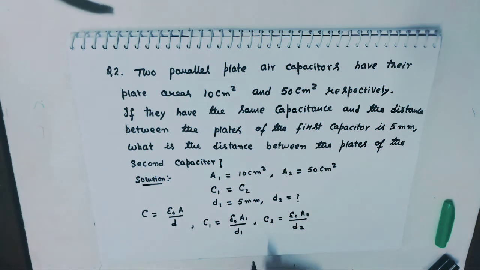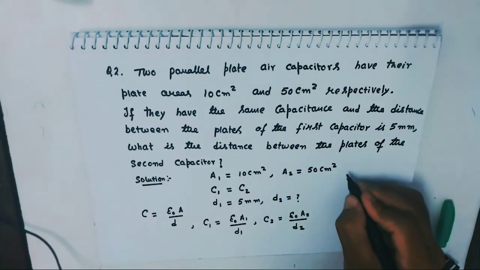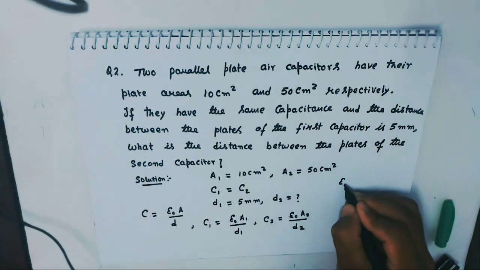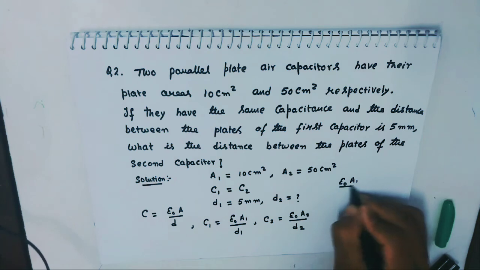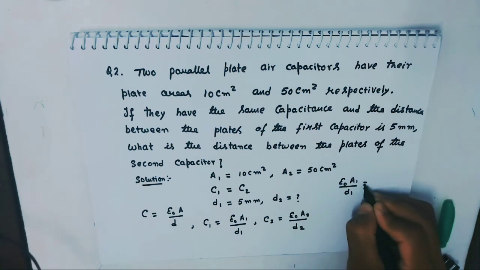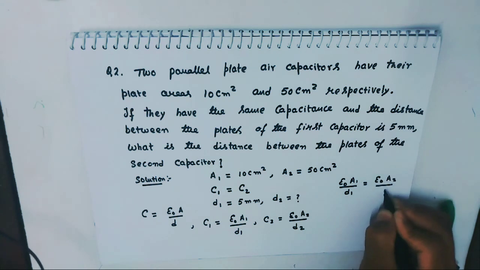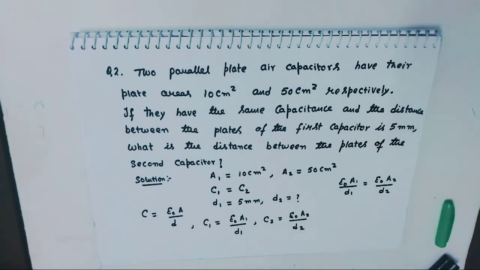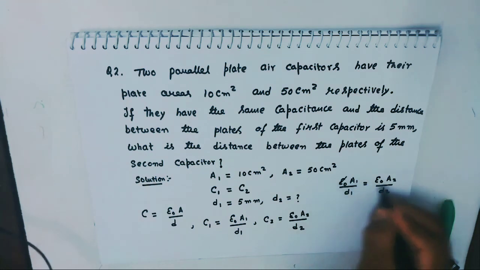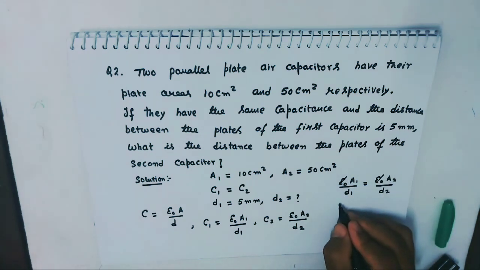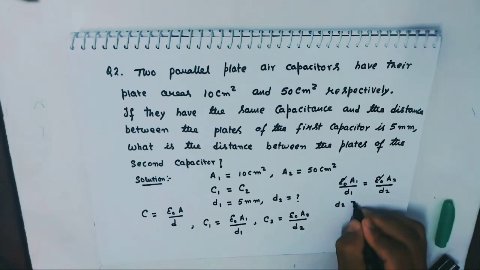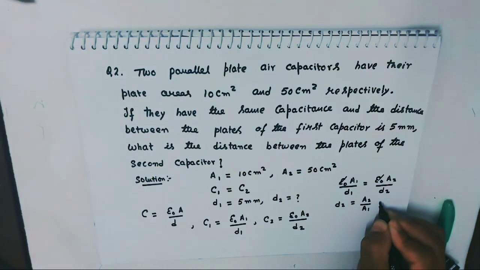Since C1 and C2 are the same, we can write epsilon naught A1 by D1 is equal to epsilon naught A2 by D2. So epsilon naught will get cancelled. So we can write D2 is equal to A2 by A1, multiplied by D1.